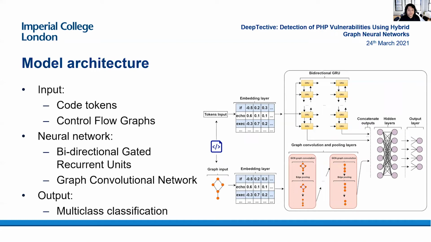Meanwhile, the control flow graph is passed to the graph convolutional network to learn the semantic and contextual properties of the source code. In the output section, the model will perform multi-class classification, where it will classify each source code as non-vulnerable or containing SQL injection, XSS or OS command injection vulnerabilities.